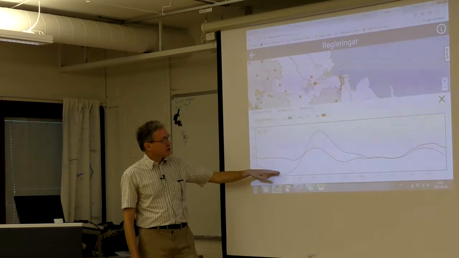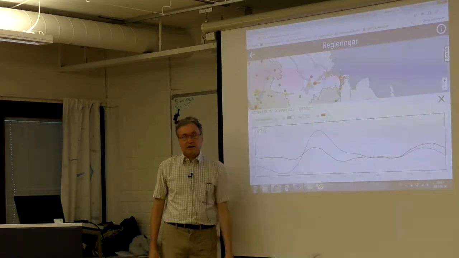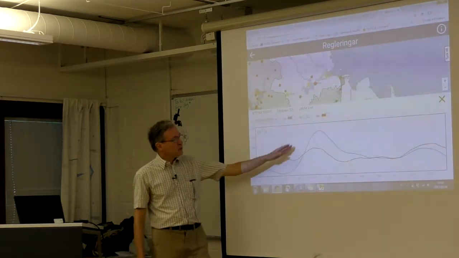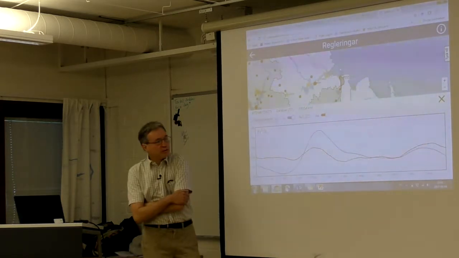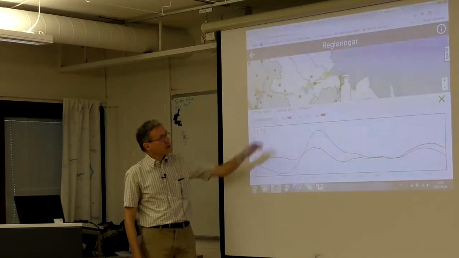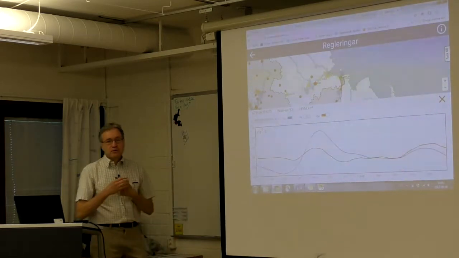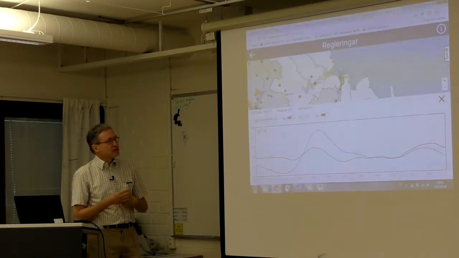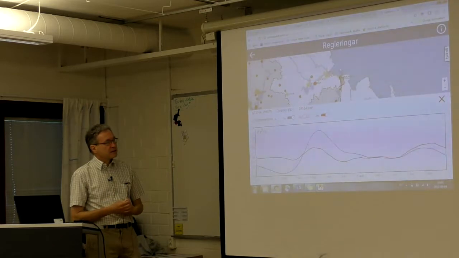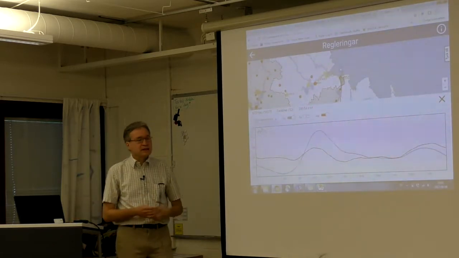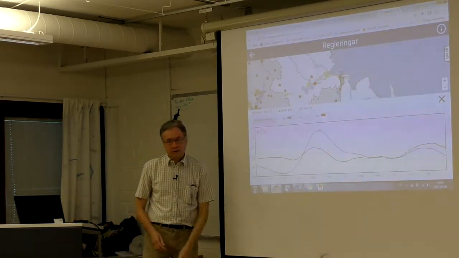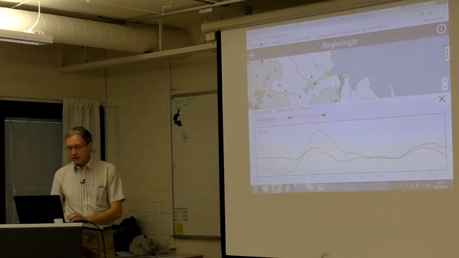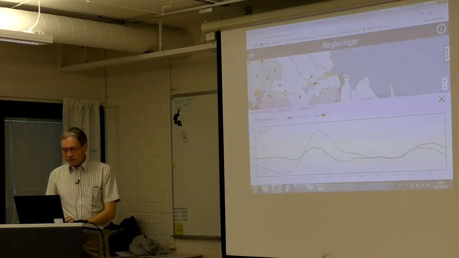And this is reconstructed to describe how the flow would have been if the regulation was not there. So to describe the present situation, we need to include all the regulations. But then we can remove the regulations and reconstruct the natural flow. And that is something that we've done quite a lot.